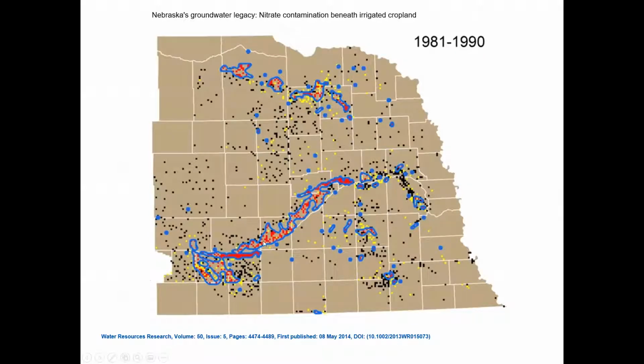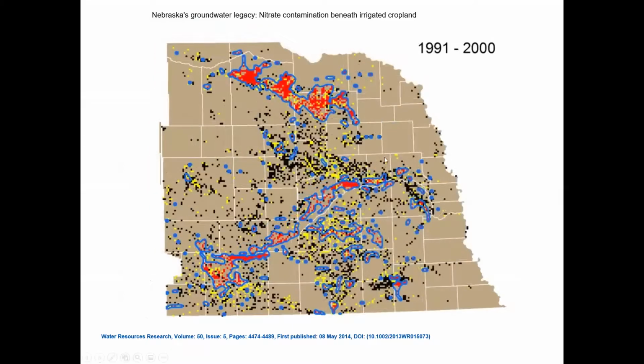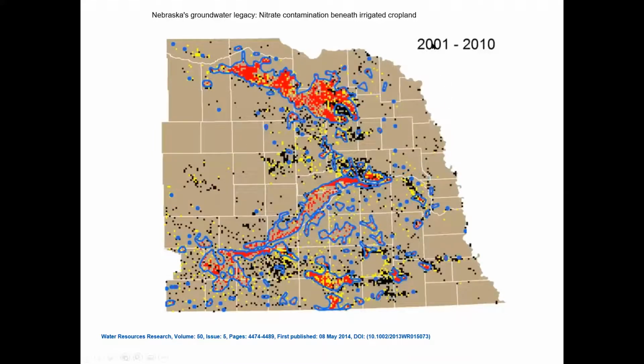This is the Central Platte NRD where we just had those core profiles collected. You can see as we flip through the time snapshots, we go to the 1990s, it looks like we're getting a larger area that's impacted by higher nitrate levels. And then in 2000 to 2010, even more areas. So this is a very gradual process.